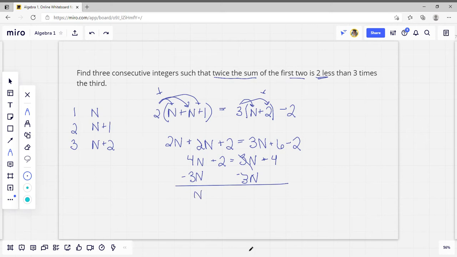And then if we switch, let's see, we'll have plus 2 equals 4. And then we just subtract 2. And we get n equals 4 minus 2 would be 2.